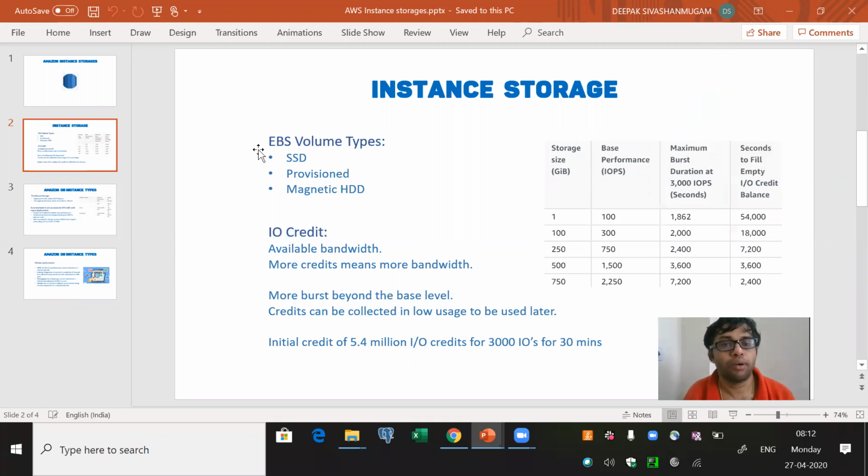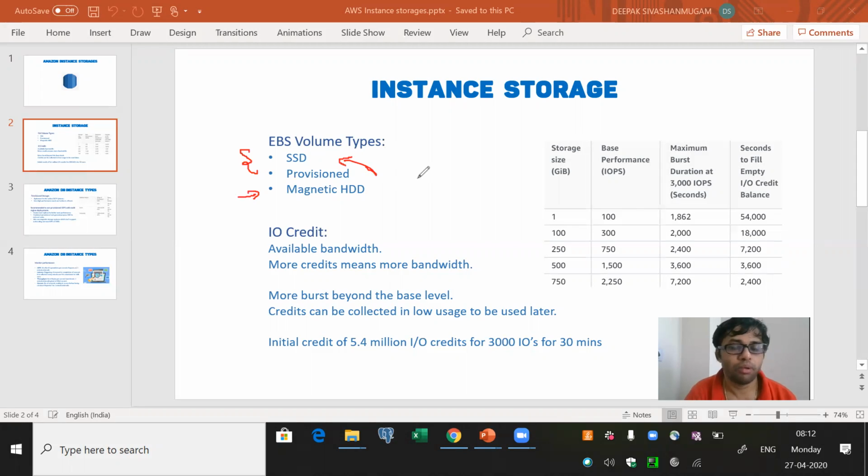Basically, you have three different options for storage. One is magnetic hard disk based, the kind you typically find in older laptops. Then there is an SSD, which is a high performance storage device with great IO operations performance, and you have provisioned IOPS SSD, which gives even higher performance than the SSD.